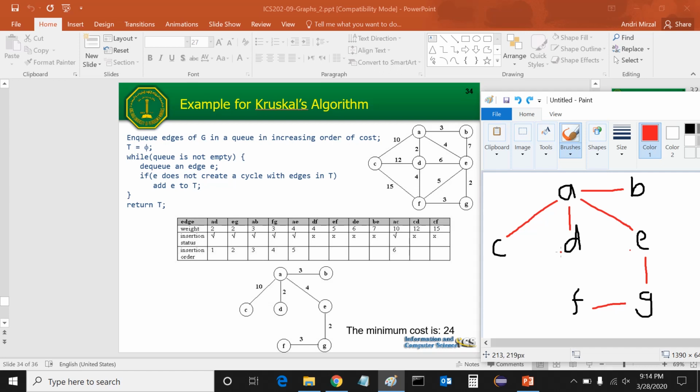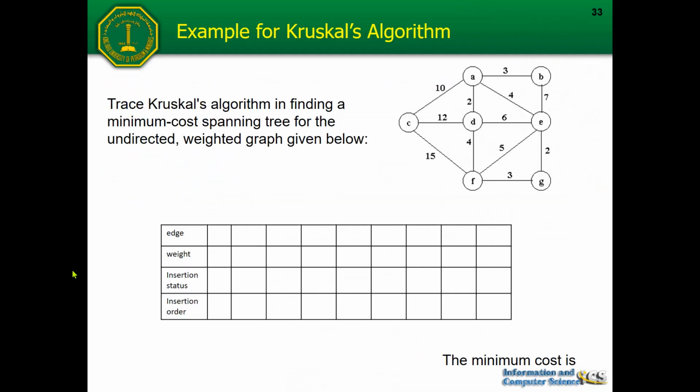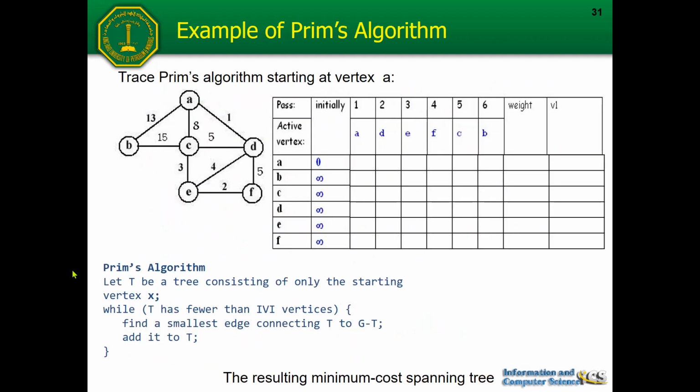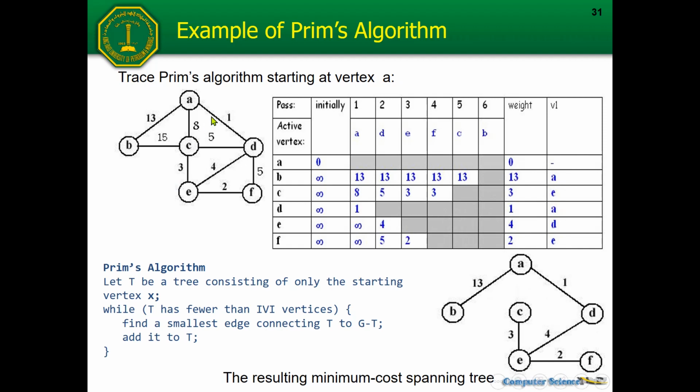Look at this. For the Prim algorithm, you need to determine the starting vertex. Then after that, you will need to find the edges that connect from that vertex to the remaining part of the graph. Then find the minimum one.